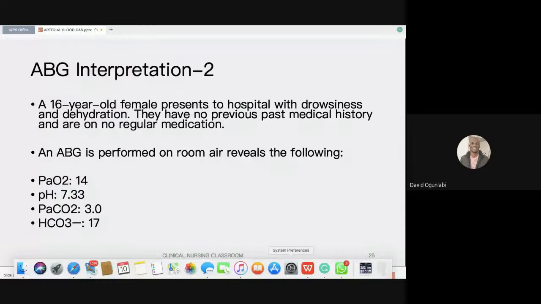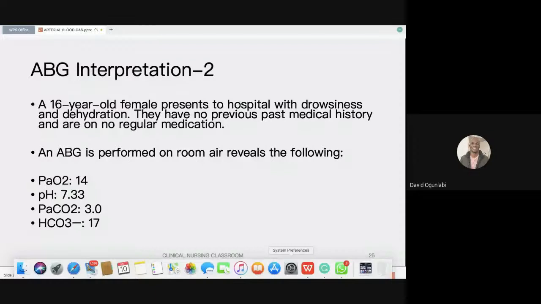So we have concluded that this is metabolic acidosis. The next thing is to know, is there any compensation? Now, if we have said this is metabolic acidosis, we go straight to check respiratory, in case there is an ongoing compensation taking place there.